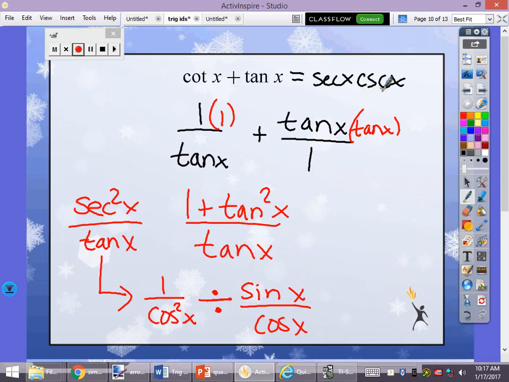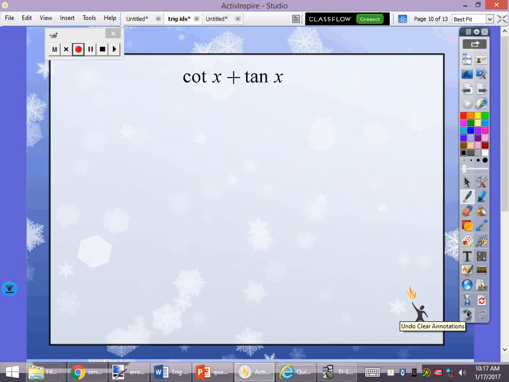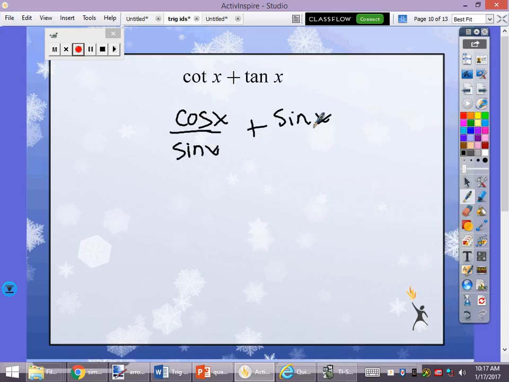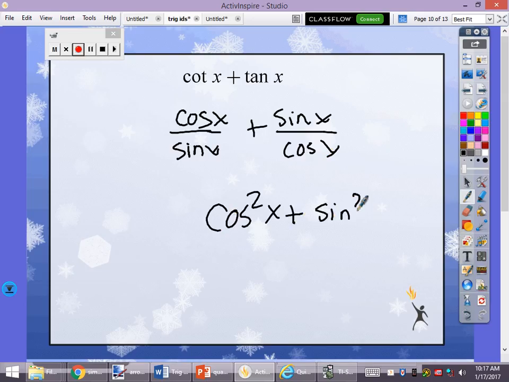I'll just show you the beginning part. I could have started with cosine over sine plus sine over cosine. You still need to get a common denominator. So then you get cosine squared x plus sine squared x over sine x times cosine x.